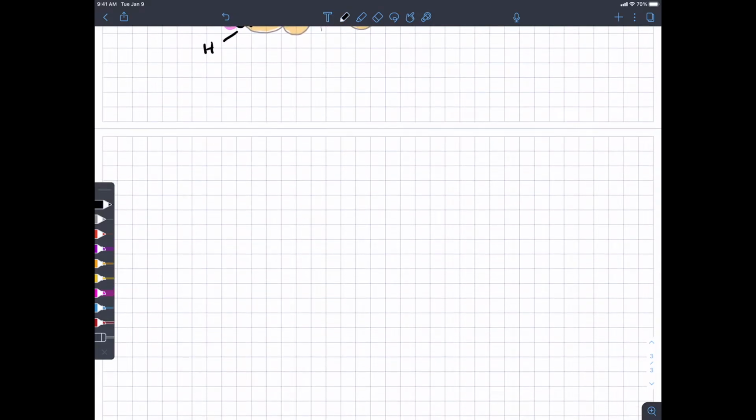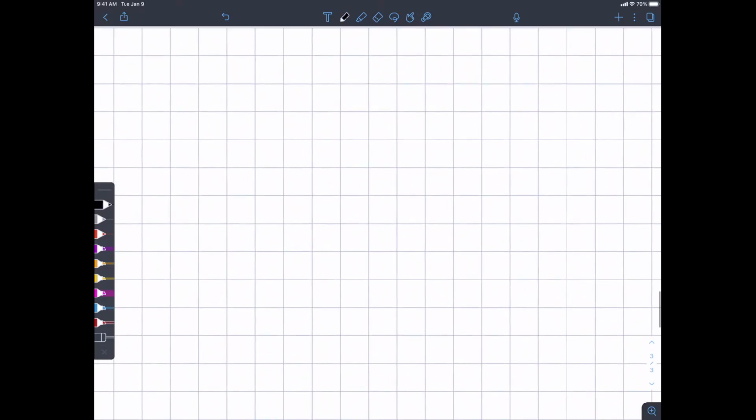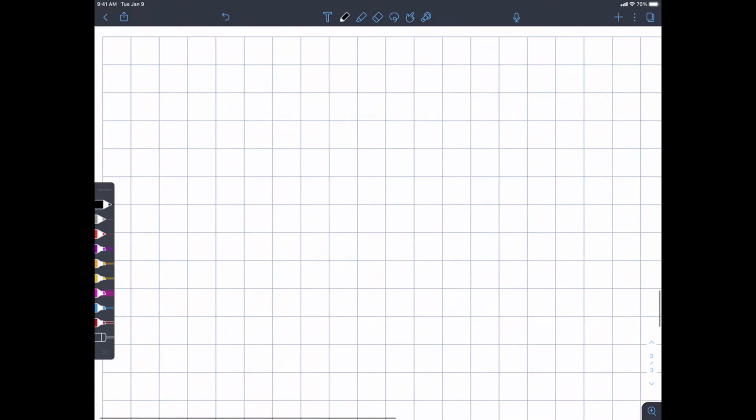So if you zoom in and look at ice at the atomic level, what you see is that each oxygen can form 2 hydrogen bonds with nearby hydrogens. I'm going to draw those hydrogens here.